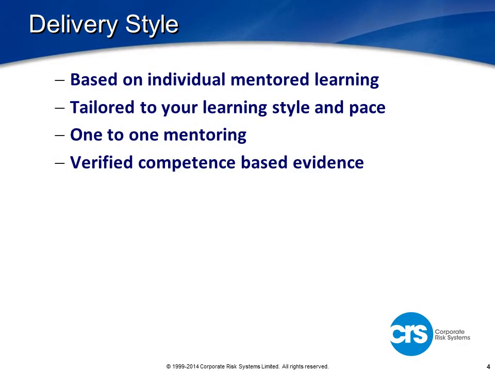The course is based on individual mentored learning. This means that you will be assigned an individual assessor to be able to support you through the qualification process. This is supported by the Learning Assistance Programme put together by City and Guilds.